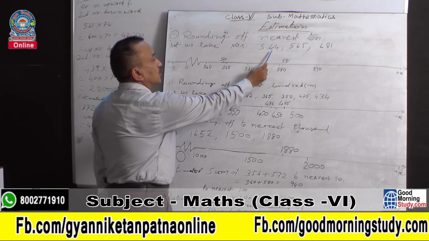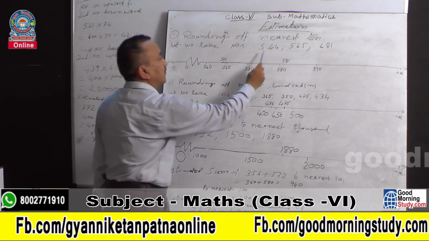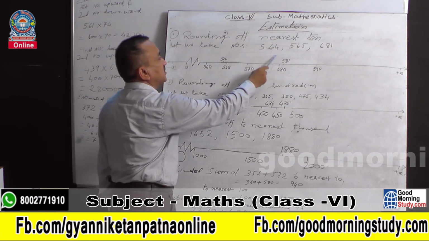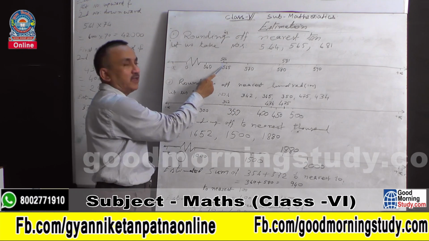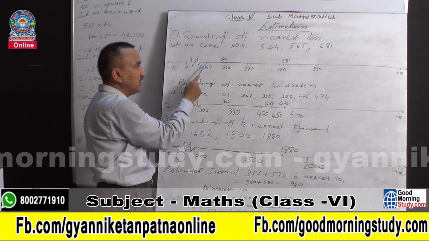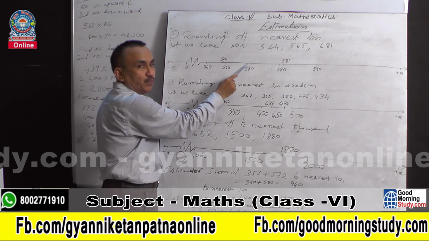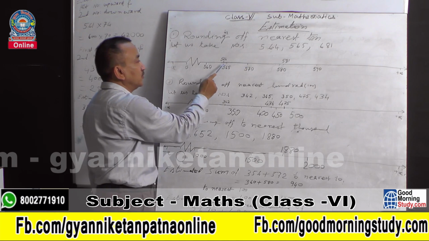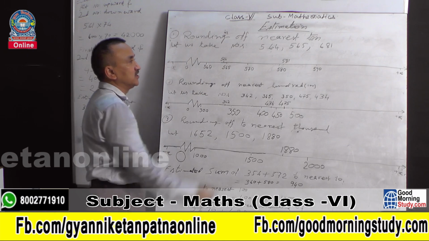But you have to see 564 nearest to 10. You have to change this number 564 to the nearest 10. Very easily, if you see very carefully in the number line, 564 is nearest to 560, not nearest to 570. So the nearest 10 of 564 is 560.